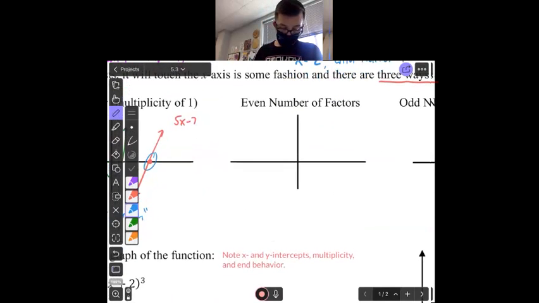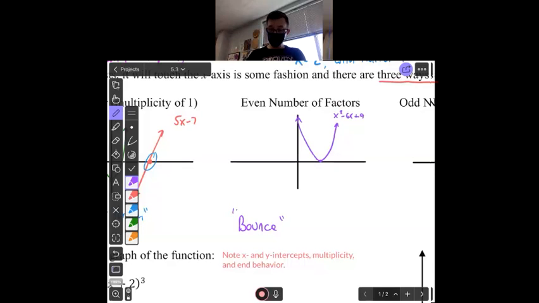So if we think about that problem that we just did, x squared minus 6x plus 9, we saw it hit the x-axis and then bounce. So that's 3. It has 2 3s at that point. There's 2 answers, they're both 3. It bounces at that point.